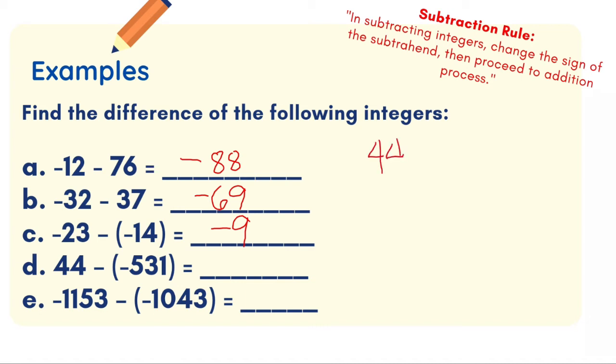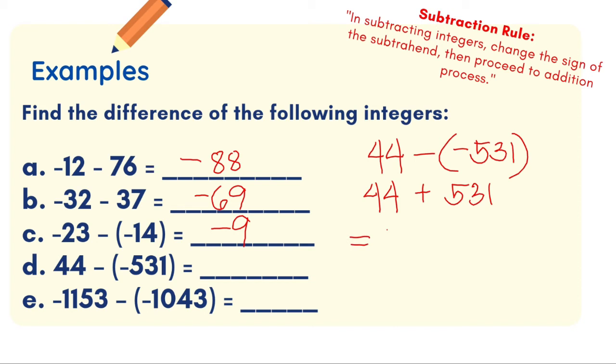So, we have 44 minus negative 531. Same process, we have to change the sign of the subtrahend. So, this becomes positive 531 and proceed to addition. So, napakadali. Therefore, we have 575.